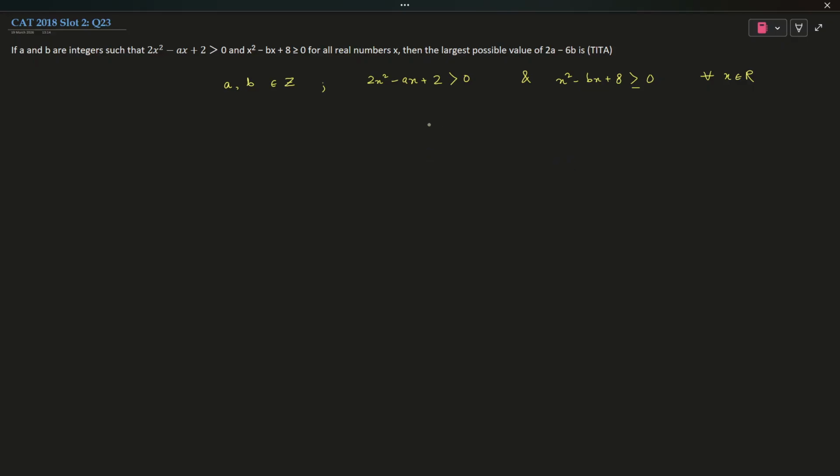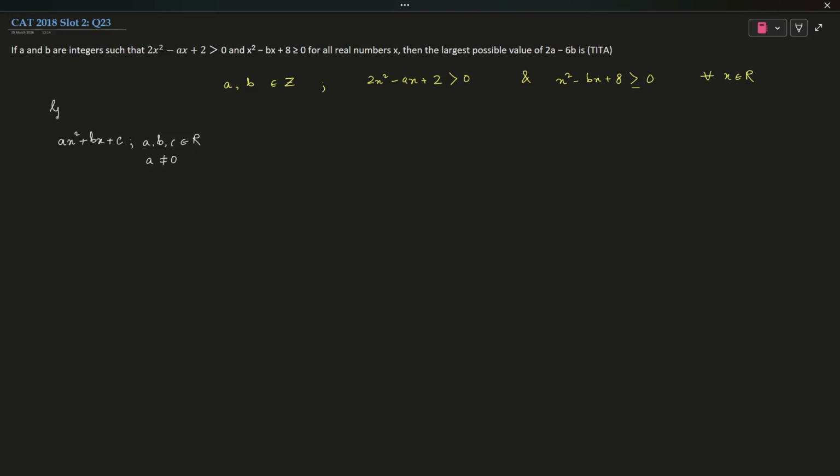Now guys, what is the general form of a quadratic expression? The general form of a quadratic expression is given by ax square plus bx plus c, where a, b, c belong to real numbers and a is not equal to 0.